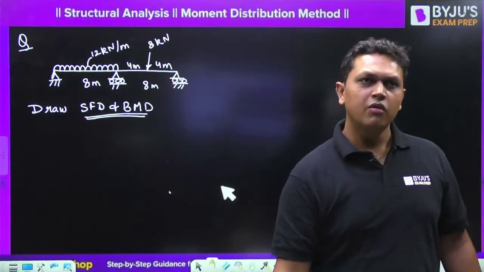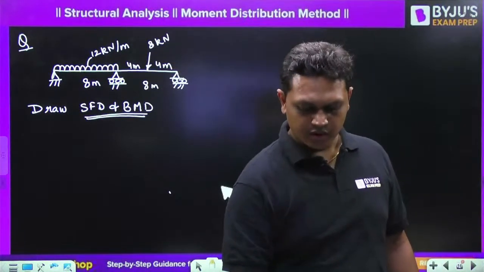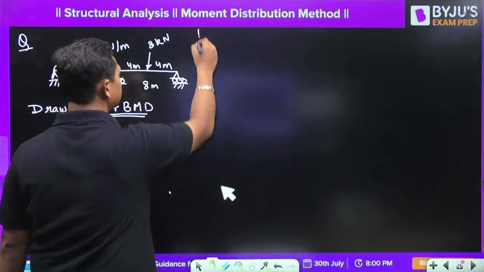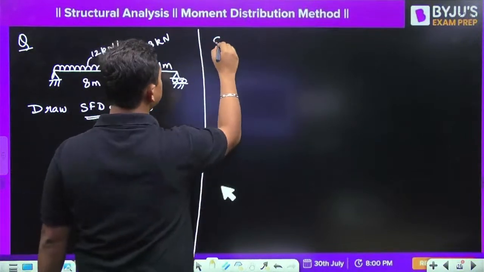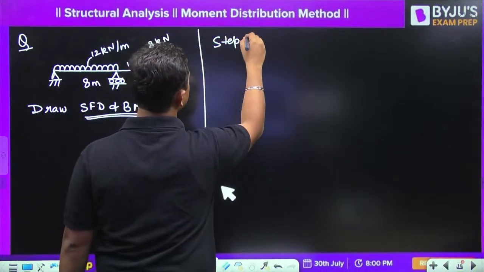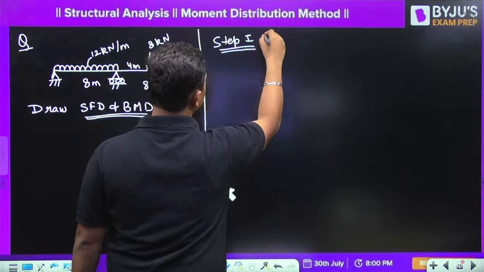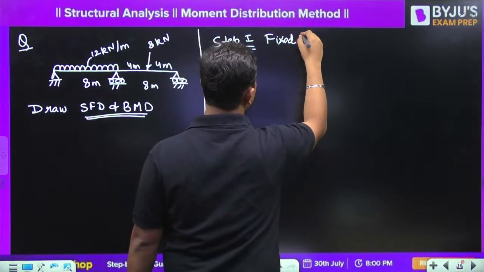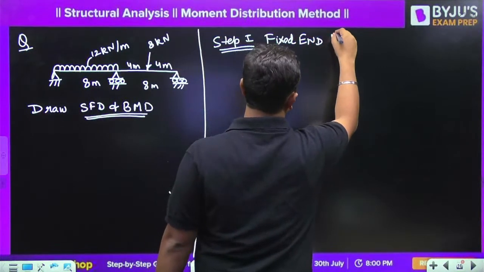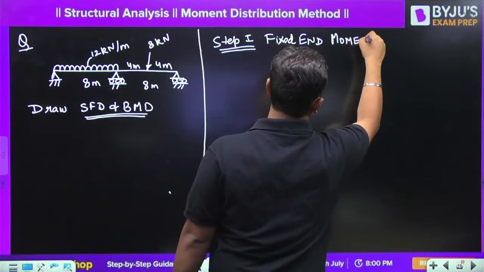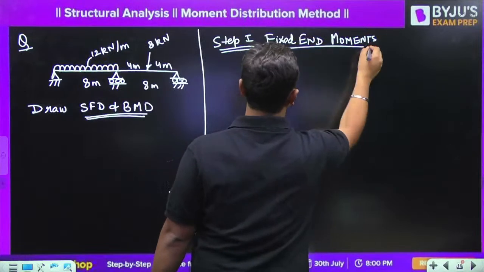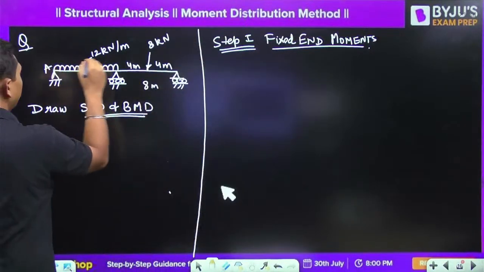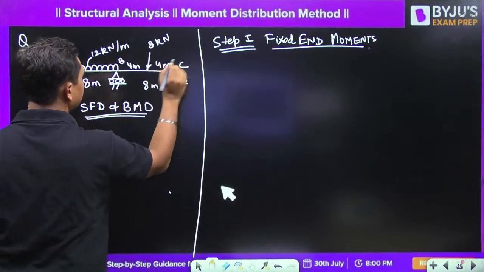Now in this we are going to use various steps. Step number 1 is very simple: to find out the fixed end moments. In order to find out the fixed end moments, we are going to find them for each span.